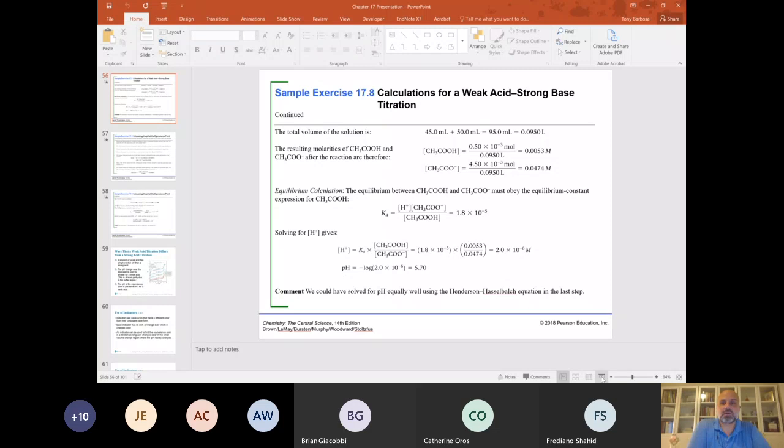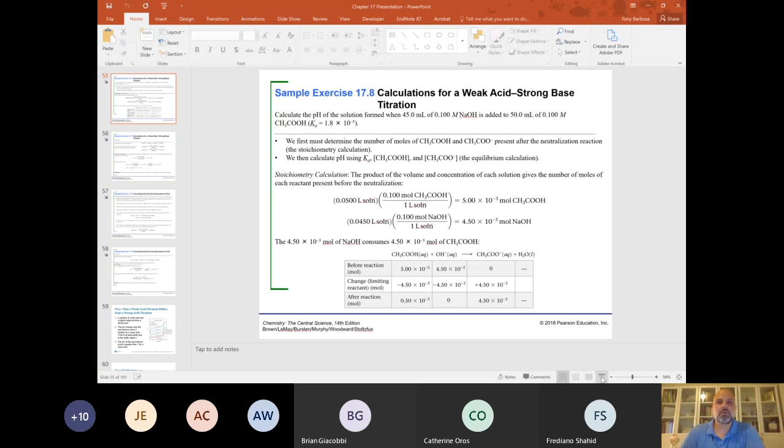We worked through and showed that the strong base was completely consumed and consumed an equivalent amount of the weak acid. So we were only left with a small amount of weak acid.